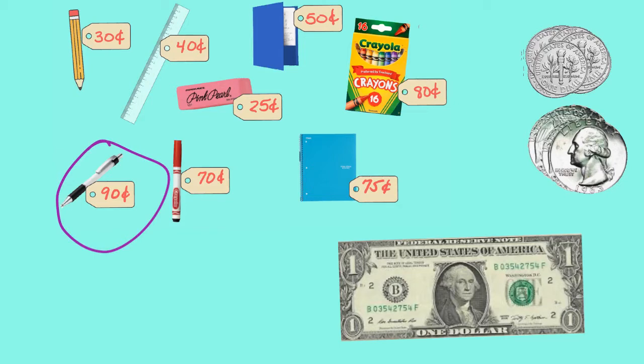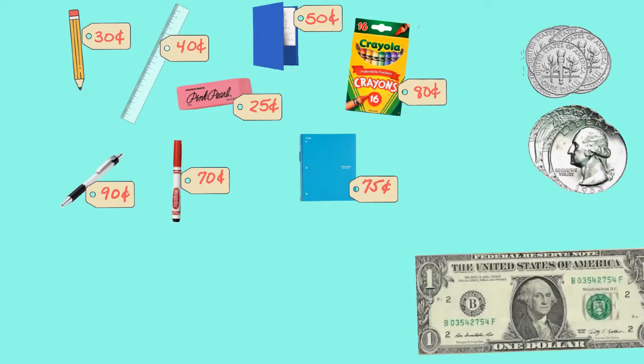Everyone, what is it called when you give me back my extra money? Get ready. Yes, my change. So how much change will I get back if I gave you $1 for this pen? Yes, I would get 10 cents back.